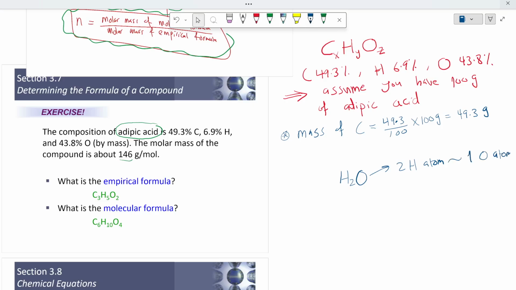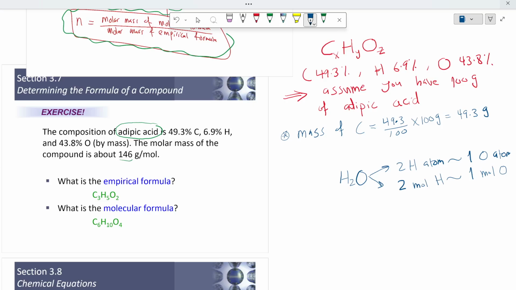So this is the atom ratio, and at the same time, we can say we have 2 moles of hydrogen to 1 mole of oxygen. Both are the same. The particle ratio, which is the atomic ratio, and the mole ratio are the same.